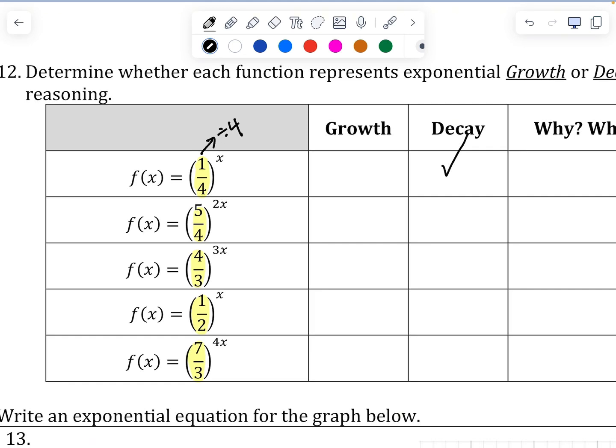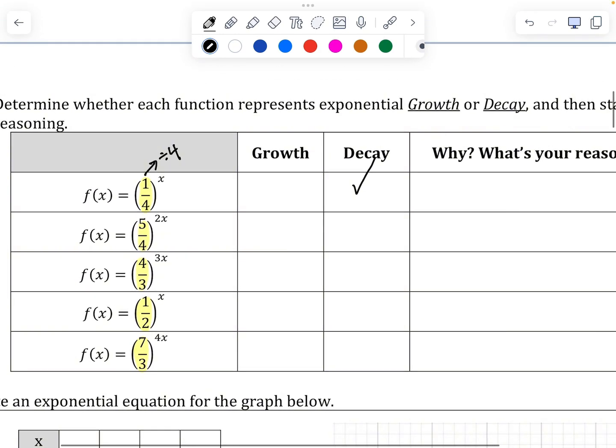What does that equal? 4. So you went from 16 to the number 4. You got smaller. So when you're dividing, your numbers get smaller, smaller, smaller. So that means you are decaying, okay? And that is because the b value, the base, is less than 1 but greater than 0.